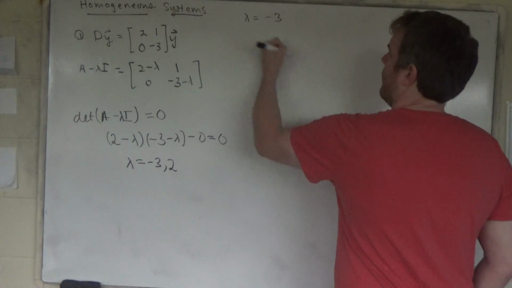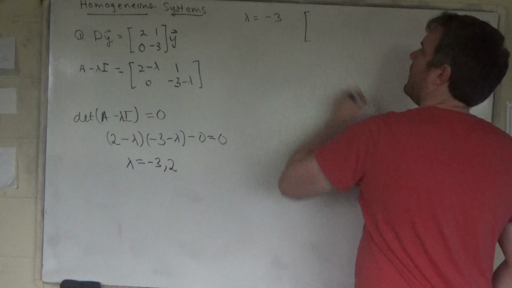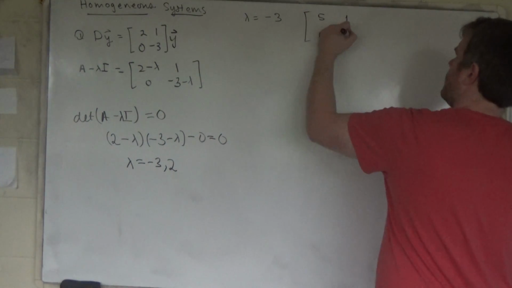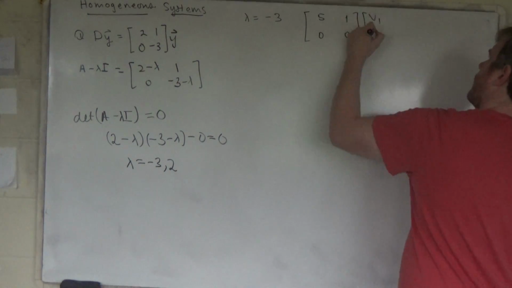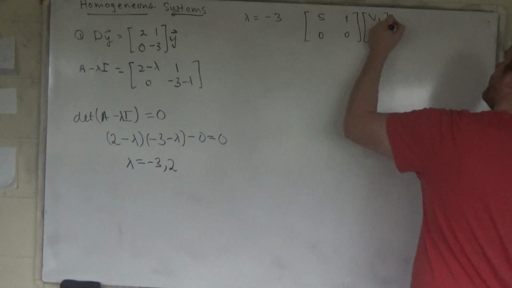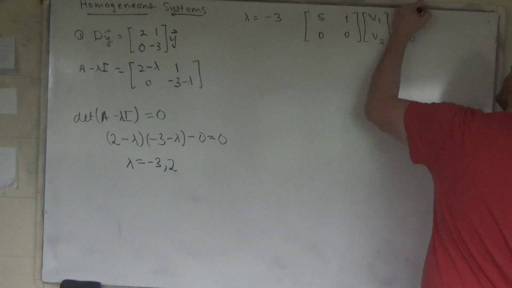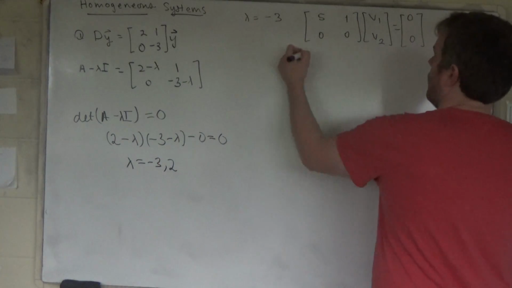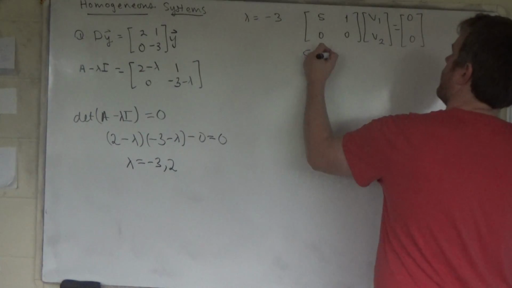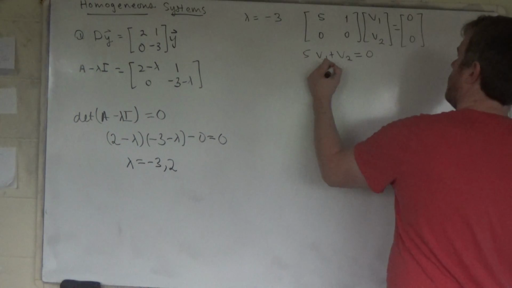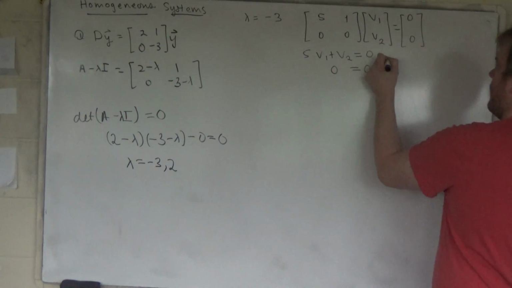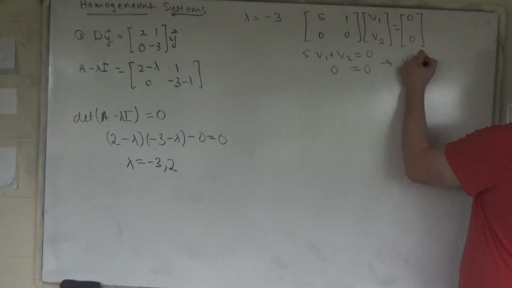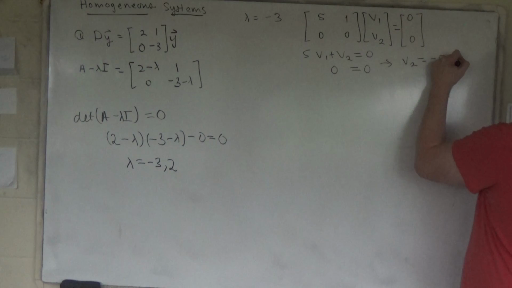If lambda equals negative 3, we get the matrix 5, 1, 0, 0. The vector components I'm going to call v1 and v2, and as always, we're setting this equal to the 0 vector. We only get one equation from this. Well, we really get 2, but it doesn't tell us any information. We get 5v1 plus v2 equals 0, so v2 can be written as negative 5v1.